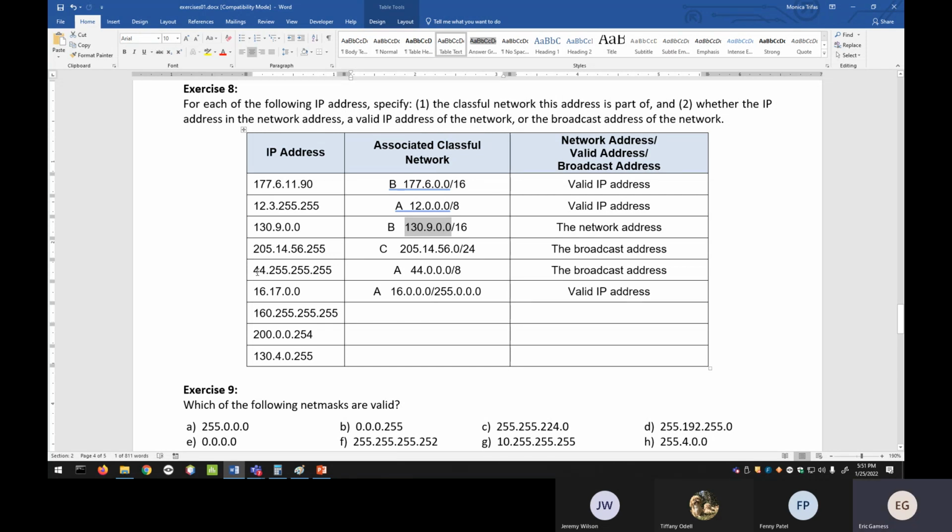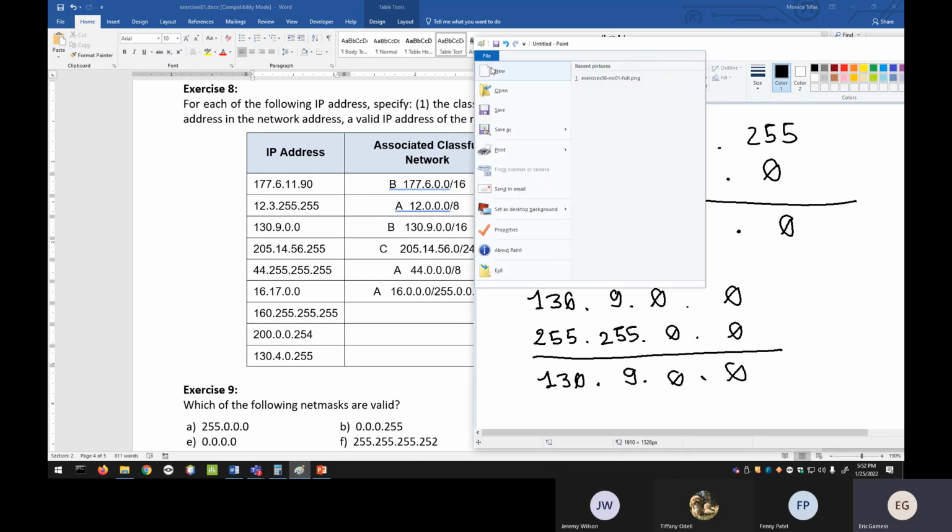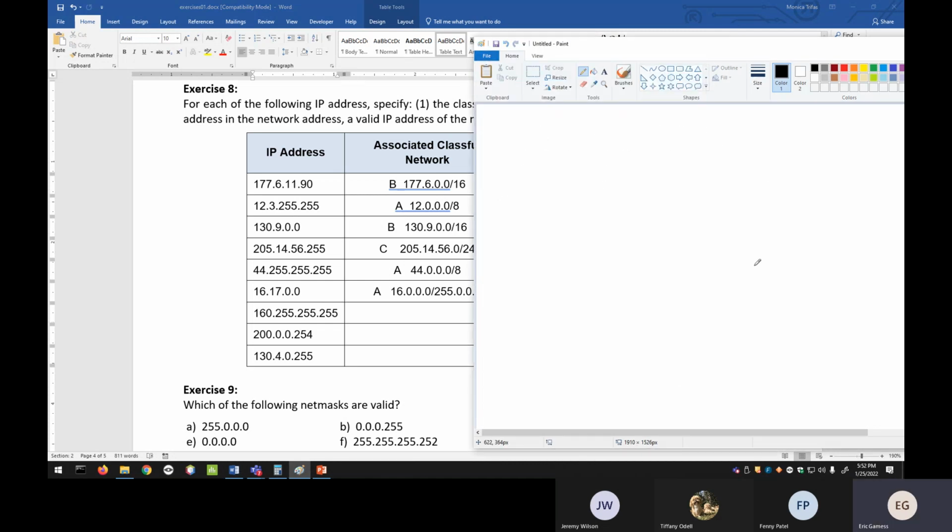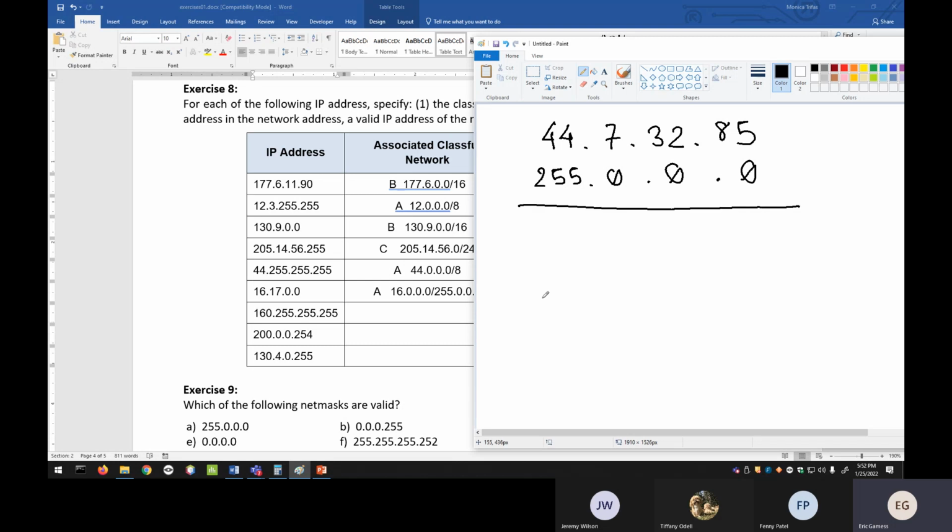So for example, let's take this one to see again. Let me clean this. Let me give you any other one: 73.2.85. What class is this one? A. So I have to bitwise AND with /8. And /8 is this. Whatever you take bitwise AND with 255 will stay as it is.